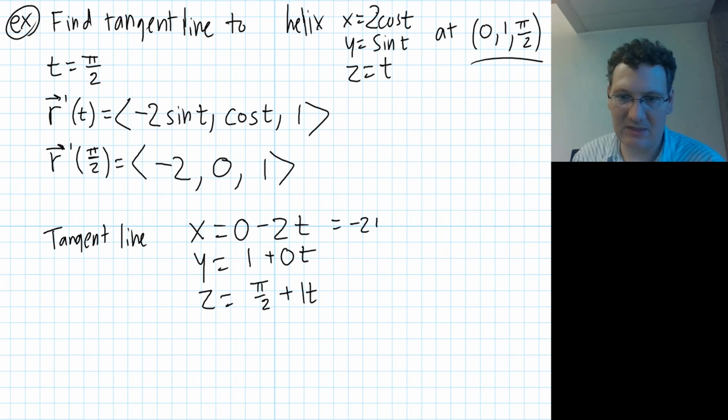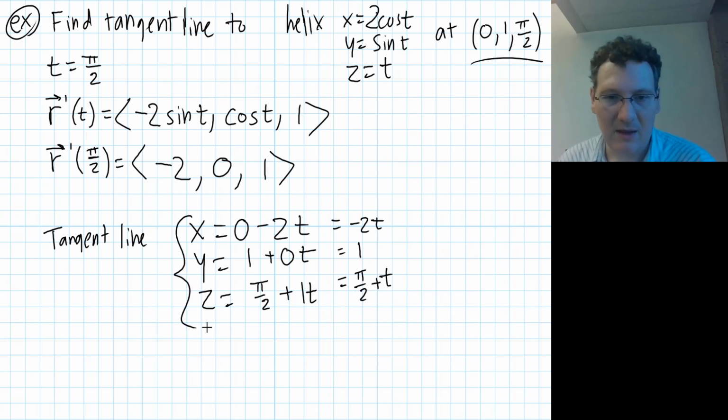This is just minus 2t, this is 1, and this is pi over 2 plus t. So here's my tangent line given by that, which we could also express in a vector equation as well. But anyway, I'm happy with that.